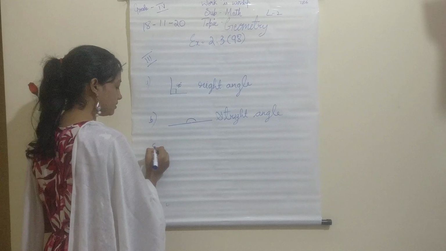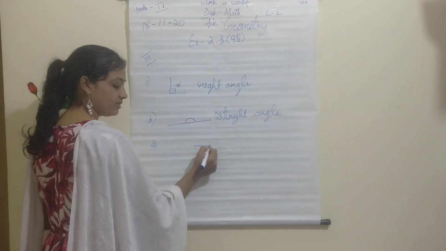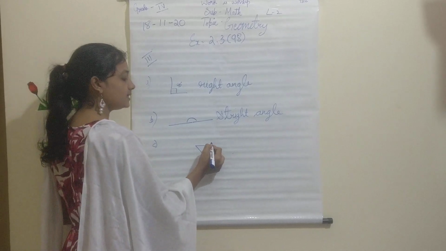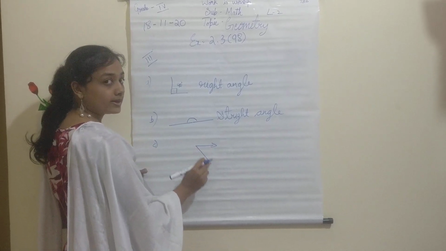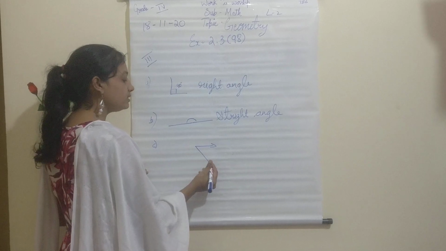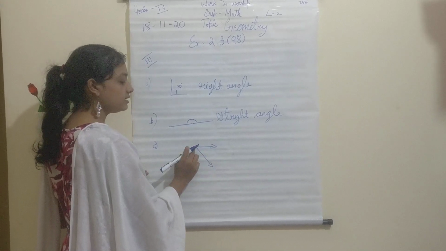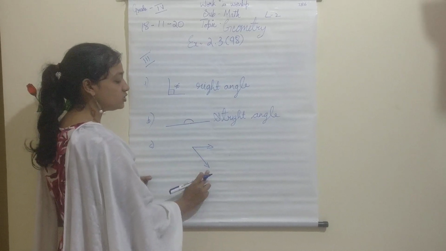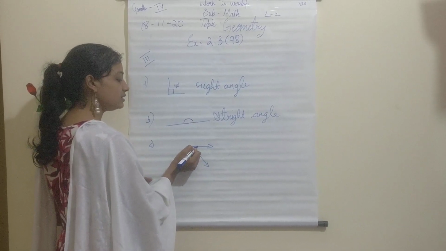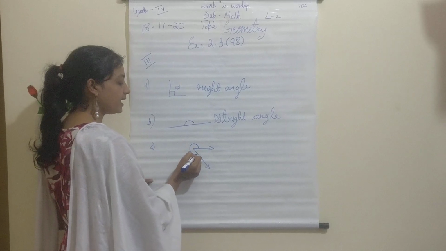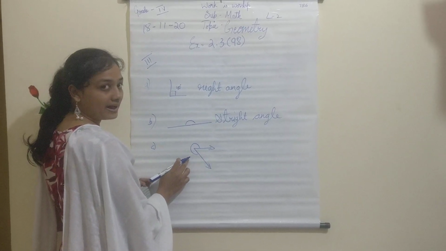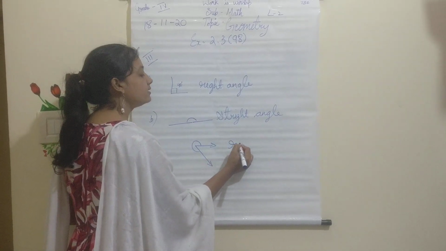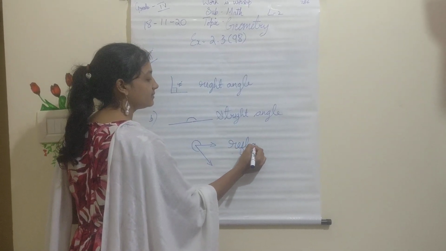You have the red line here and the blue hand here. If you see, the red arm is not moving at all. It is fixed. The blue ray, or blue hand, is the one which is moving. So the angle starts from here and ends here. So what is the angle which is more than 180 called? It is called reflex angle.